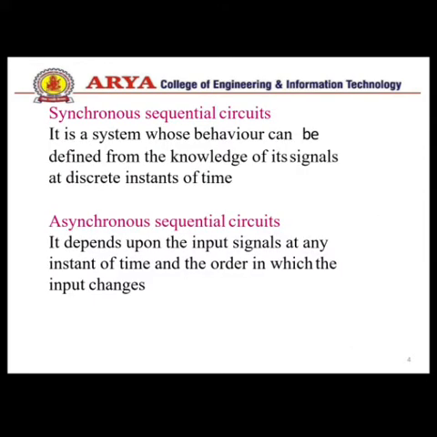So we can say that if some or all the outputs of a sequential circuit do not change with respect to the active transition of the clock signal, then the sequential circuit is called an asynchronous sequential circuit. Because we don't require a clock signal, the outputs are not affected by the clock signal, and all outputs of an asynchronous sequential circuit do not change at the same time.